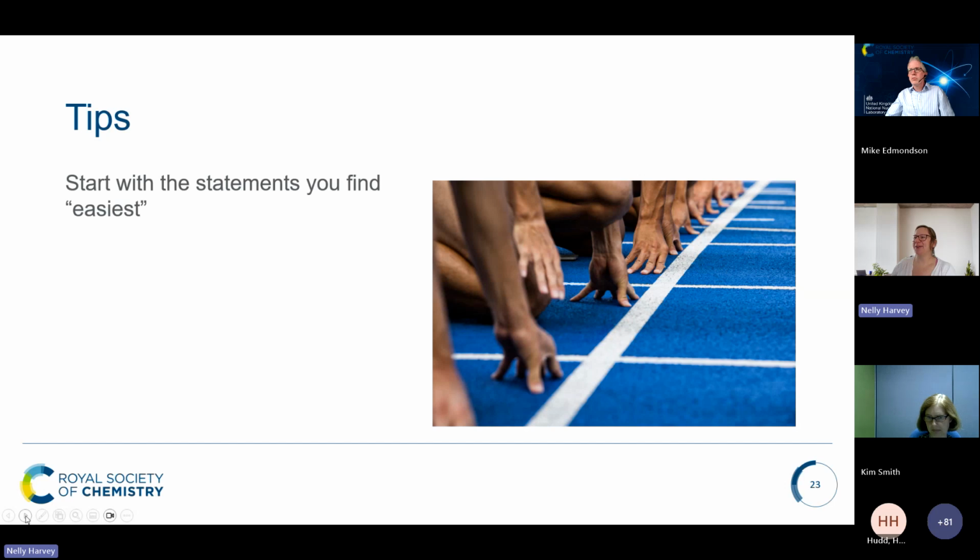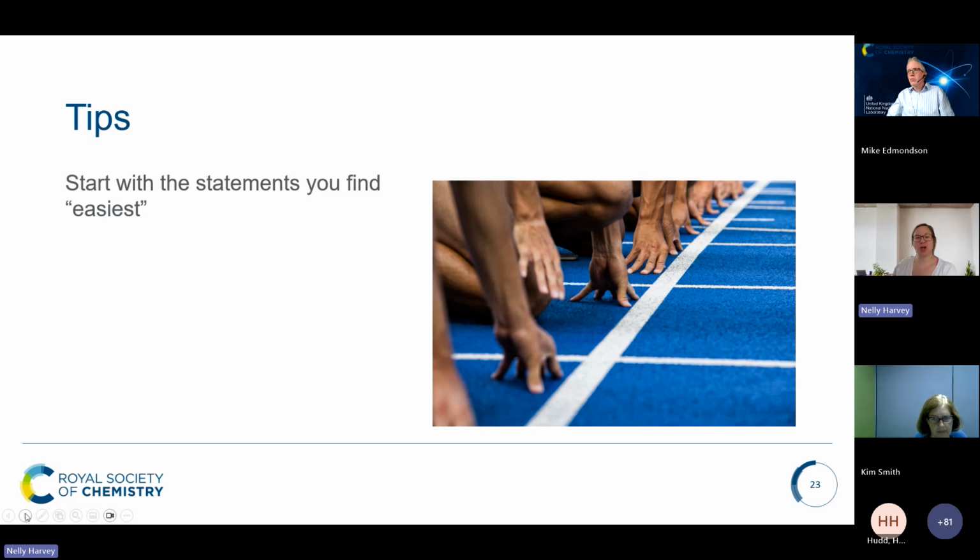And next up, we have some tips that I've sourced from across the chartership team. And one that we were given was start with the statements you find easiest. I think this is a very good tip. There are some attributes that you'll naturally think that you can evidence and write about relatively easily.